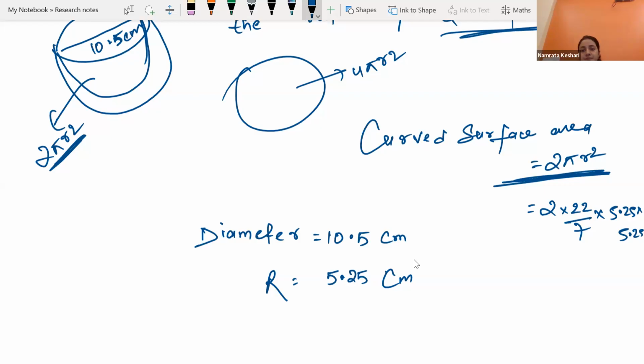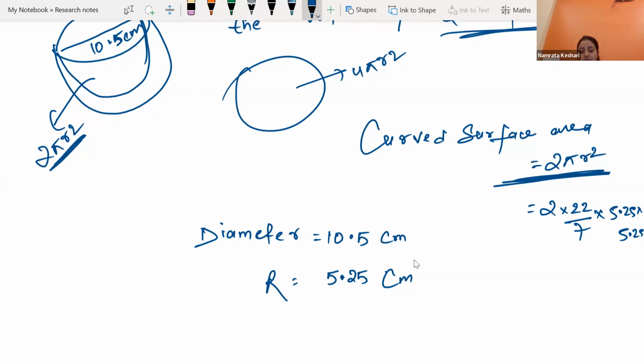What are you getting as the curved surface area? 173.25 centimeter square.